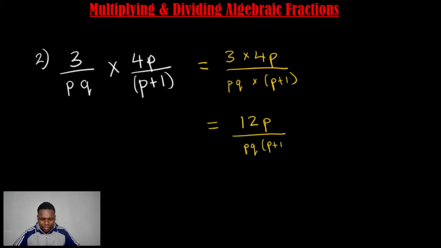Then we're going to look if we can simplify anything. We see that p is common there, yes? So we are going to cancel our p's, and we are left with 12 over q times p plus 1.